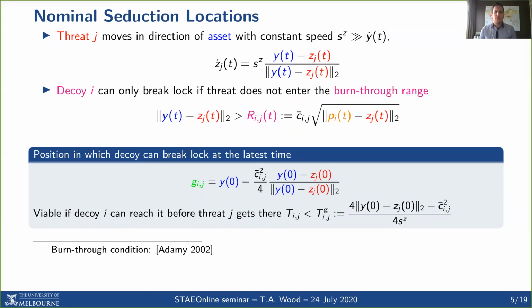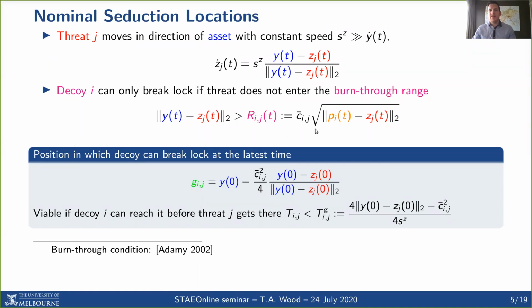I mentioned before that we can only seduce the threat if the threat lies outside a certain range from the asset, the so-called burn-through range. So it's defined here. The distance of the threat from the asset, the threat position being Z here and the position of the asset Y, needs to be larger than this range.